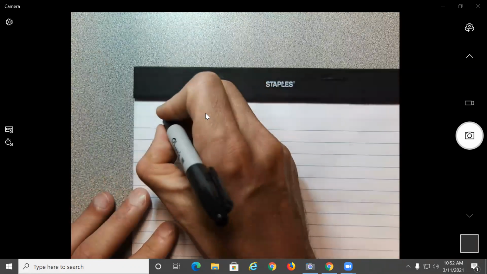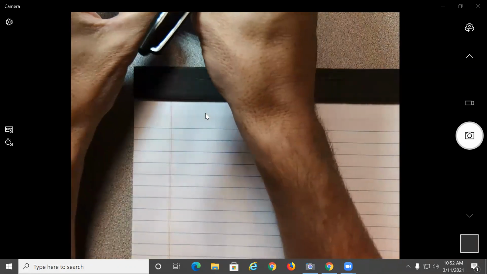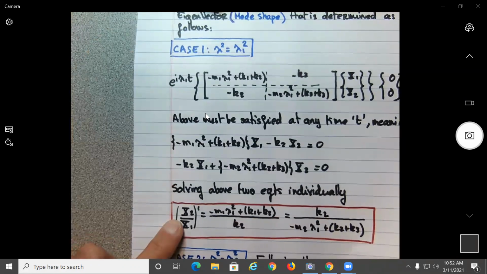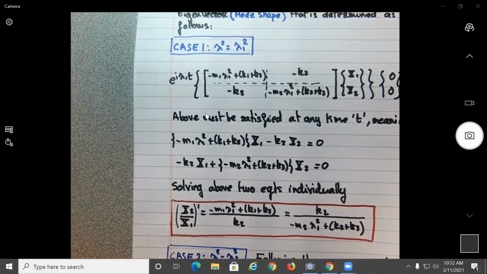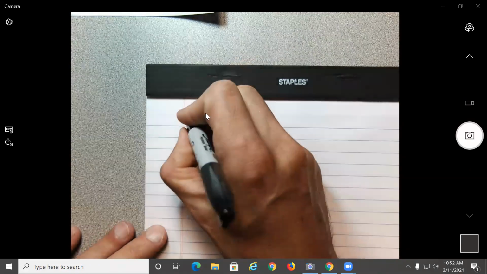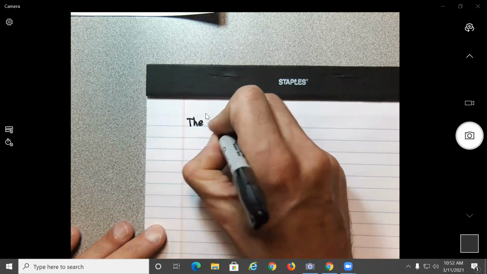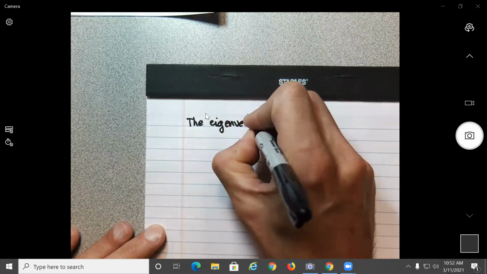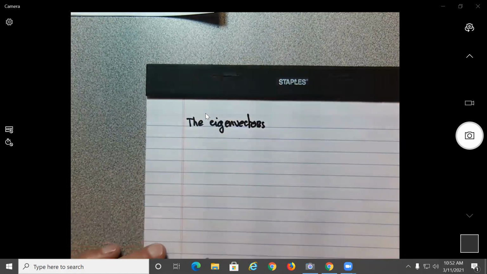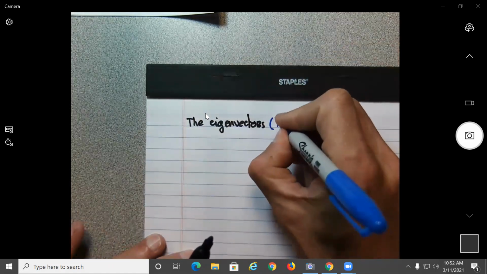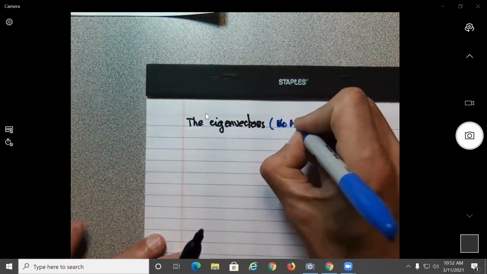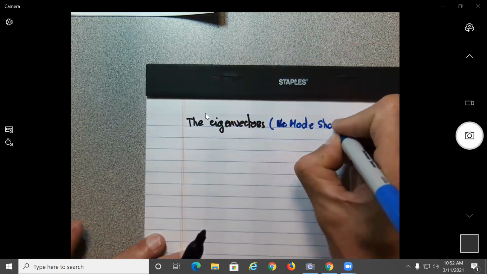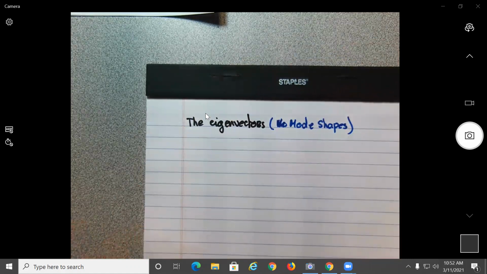Over here, capital X2 divided by capital X1 will be the eigenvectors, which is the mathematical name, but I want you to know that they represent the normal modes. They can also be called normal modes, but let me just call them mode shapes.